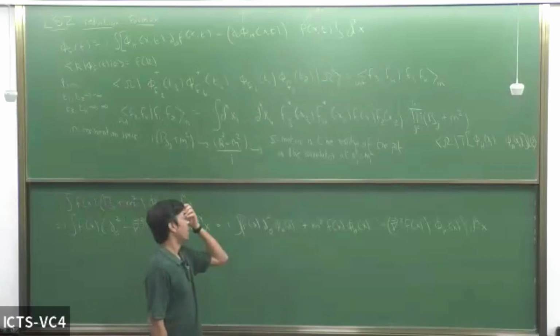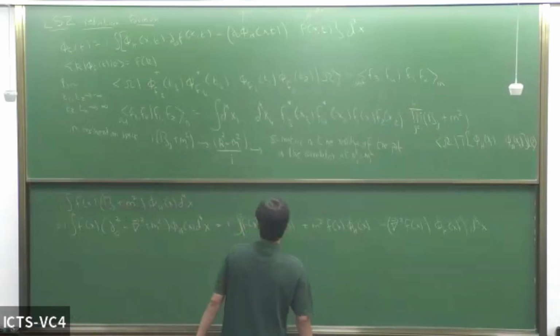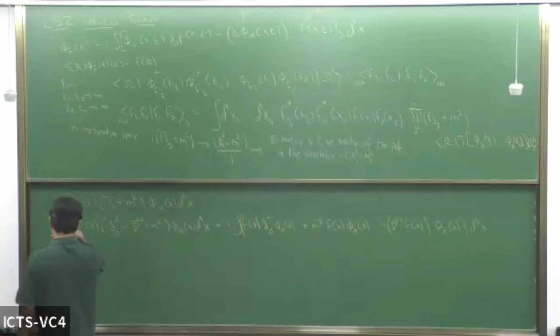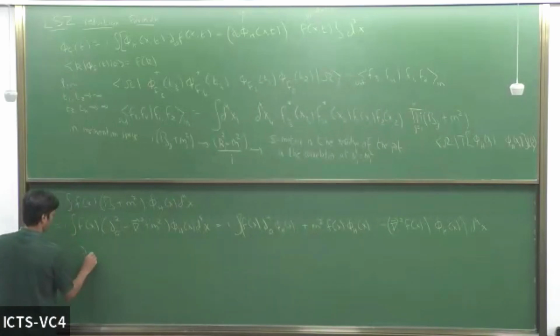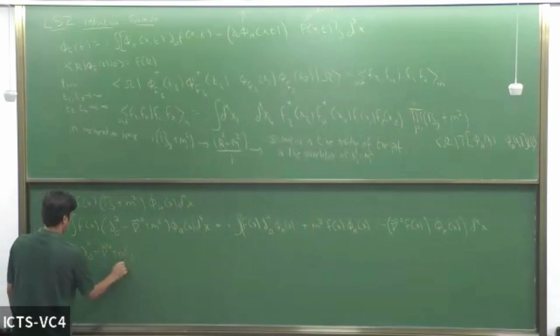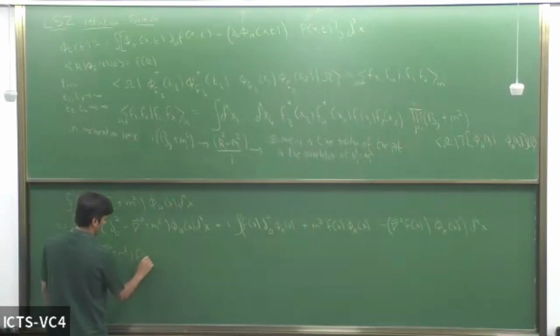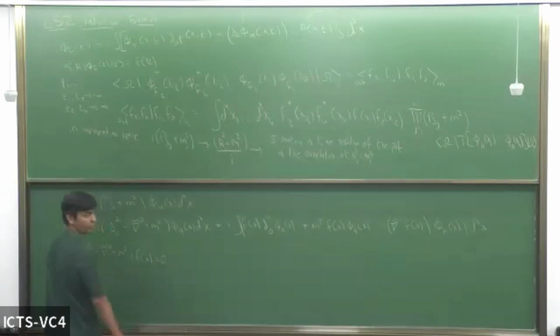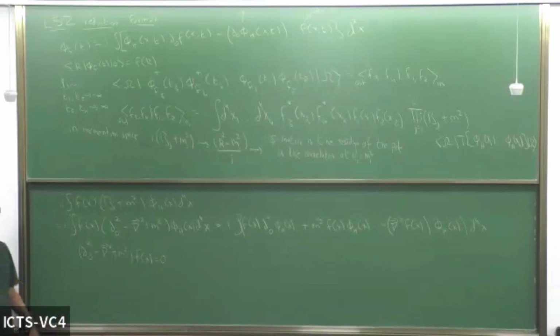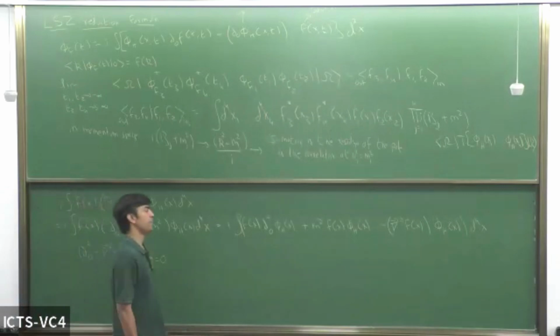Okay, good. However, what do we know about f of x? What we know is that f of x satisfies d0 squared minus del squared plus m squared f of x is equal to 0, because it's a solution of the Klein-Gordon equation. It's a sum of solutions, but it's a linear equation, so it's a solution.